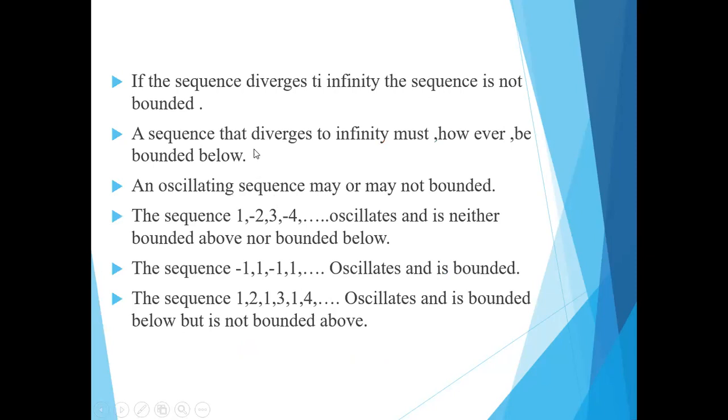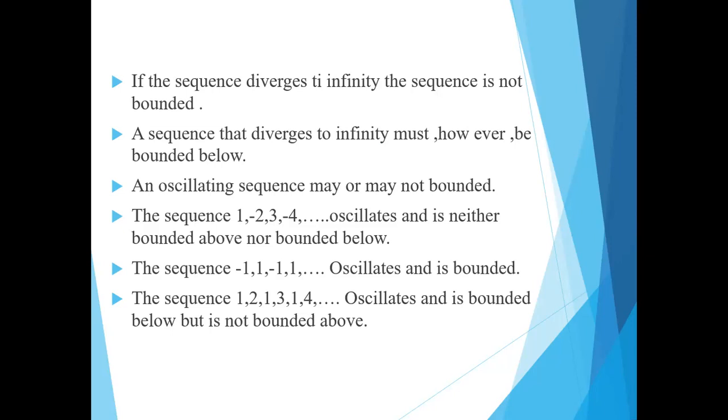If a sequence diverges to infinity, the sequence is not bounded. A sequence that diverges to infinity must, however, be bounded below. An oscillating sequence may or may not be bounded.